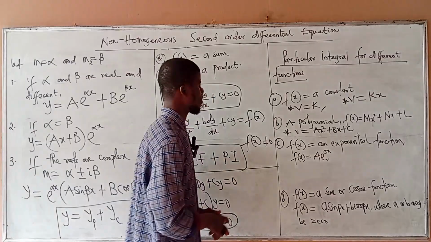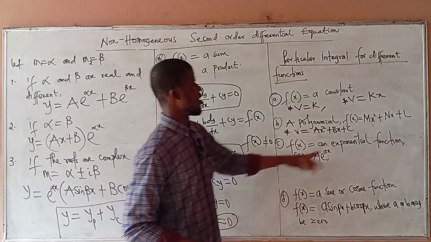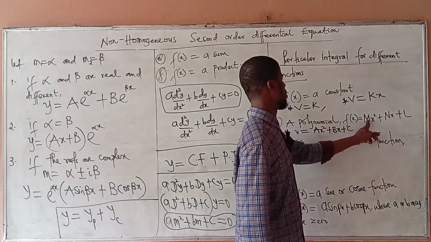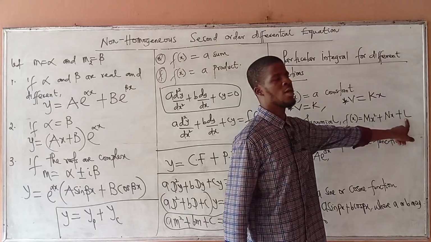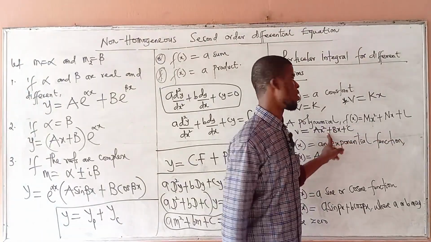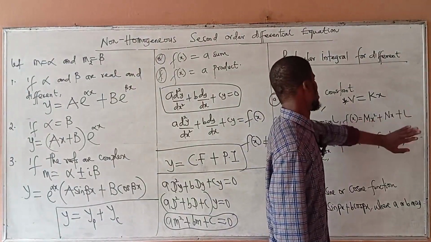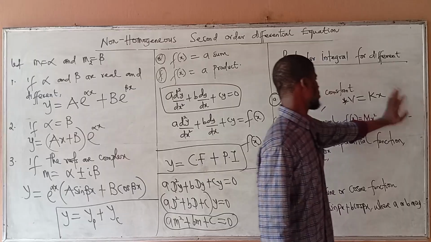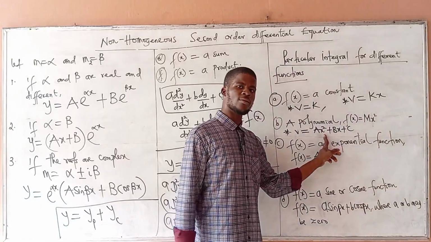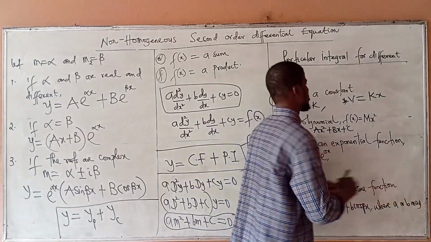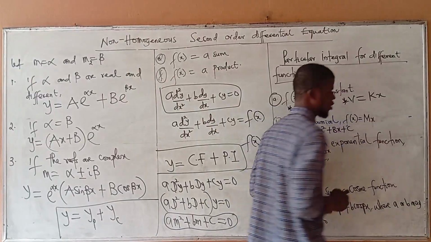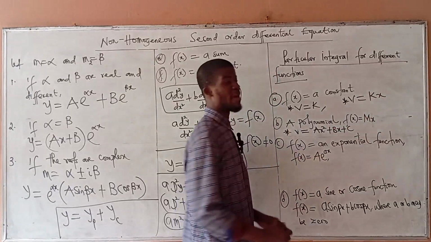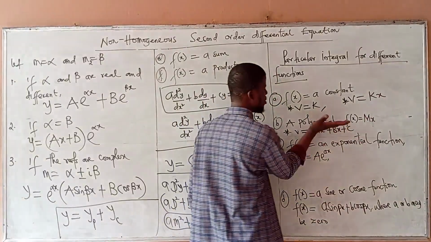It must not be a polynomial. If, for example, I have f of x equal to mx squared plus nx plus m, fine, this is my particular integral. If it is just mx squared alone, this will still be my particular integral. If it is mx, check, the degree of x here is 1, so what I will be choosing as my particular integral will be this.